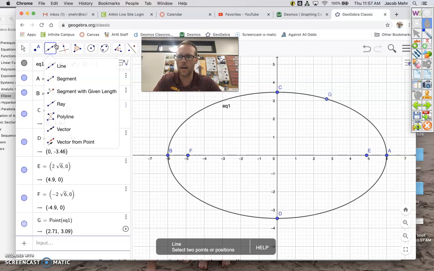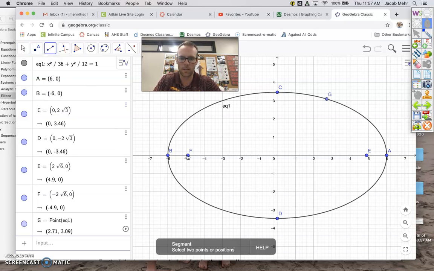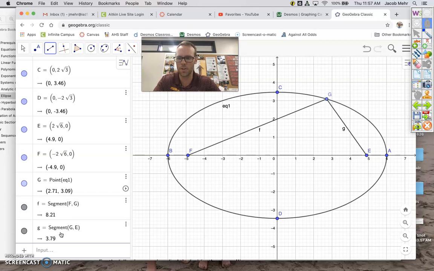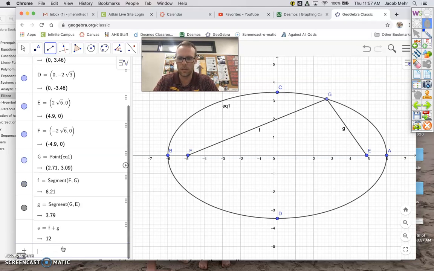What I can do is connect a segment from here to there. Notice it has a length of 8.21. And then from here to there, that's G, it has a length of 3.79. So if I take F plus G, that gives us this number perfectly of 12.